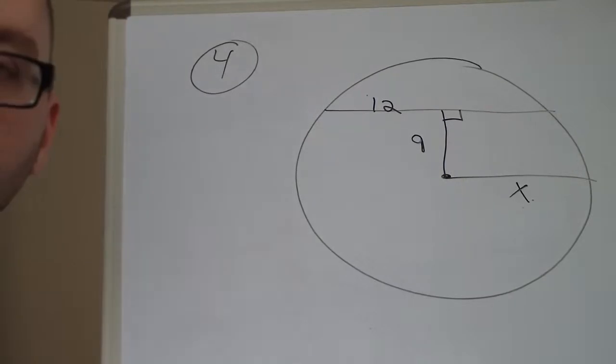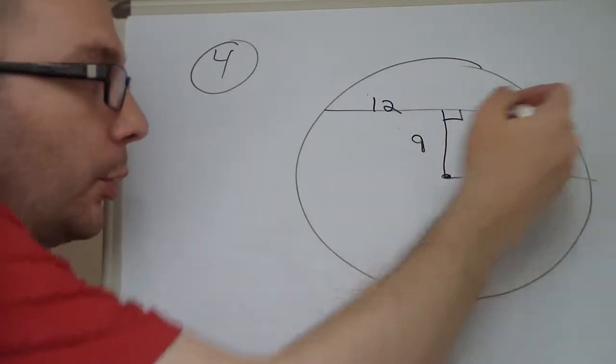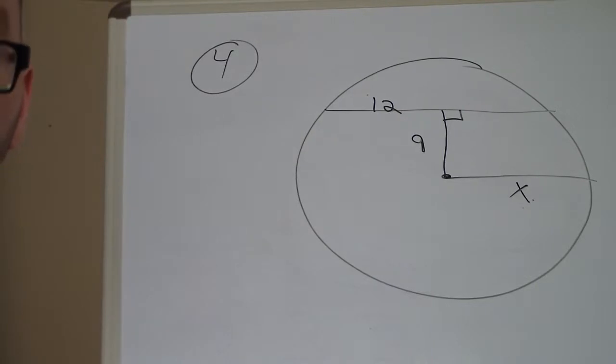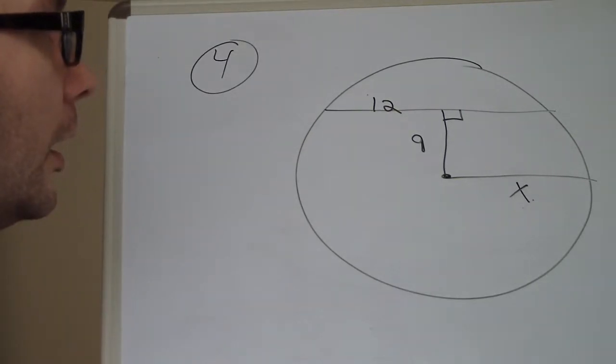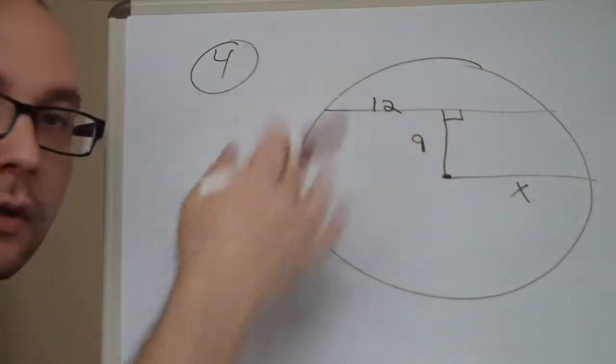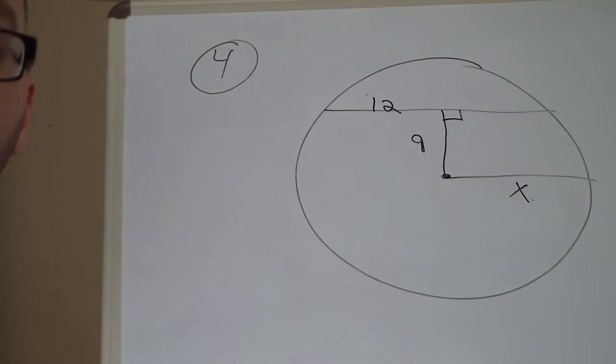And we can talk about that in another video, but basically if you draw your radius to this point, your radius to this point, we're creating an isosceles triangle because the radii are congruent. And then a perpendicular, you're going to have 2 congruent triangles and all that sort of thing. So we can talk about that in another video, but that's where it comes from.